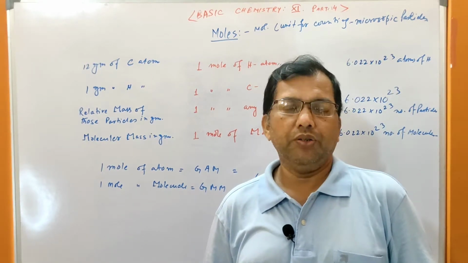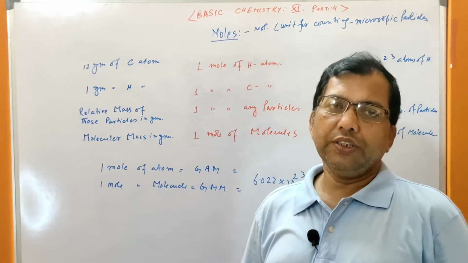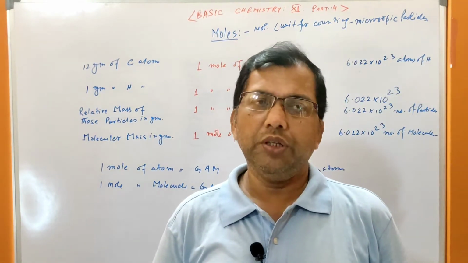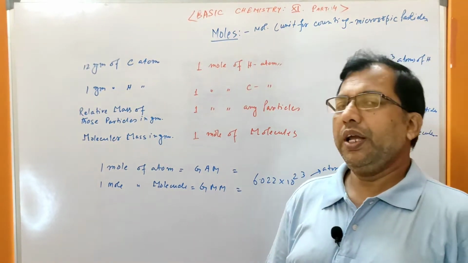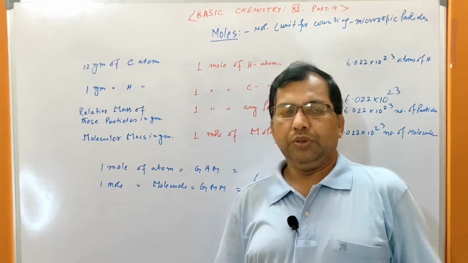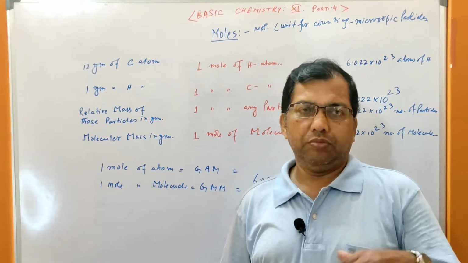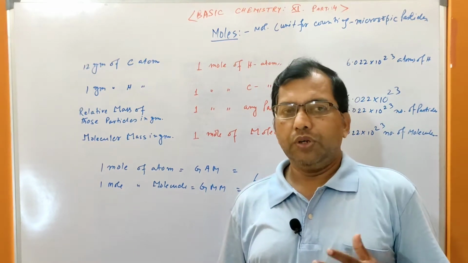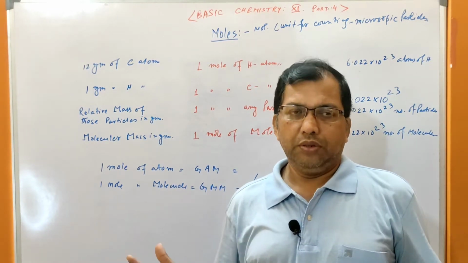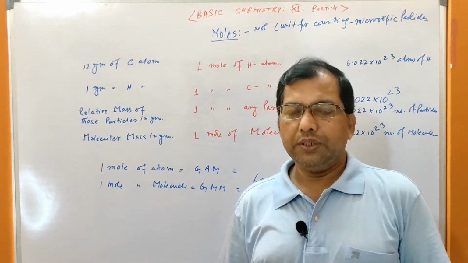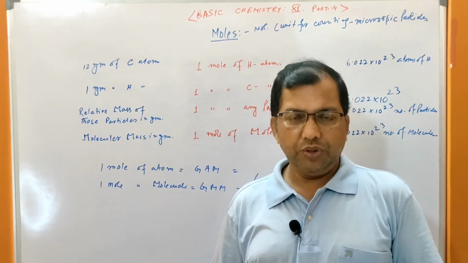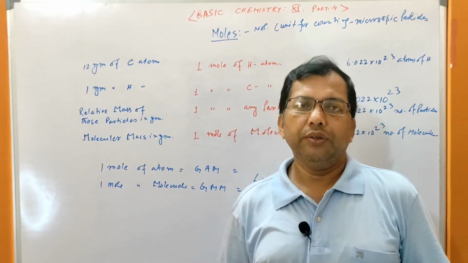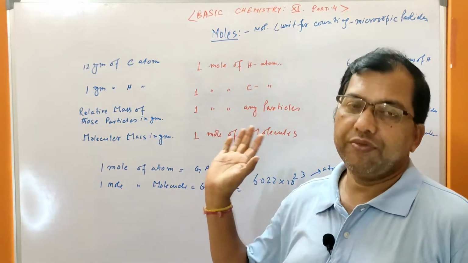Today I will discuss the same chapter 1, basic concepts of chemistry, part 4. Yesterday I discussed the mole and its uses, why the mole concept, molecular mass, molar mass, etc. And today I will discuss the rest of this chapter.